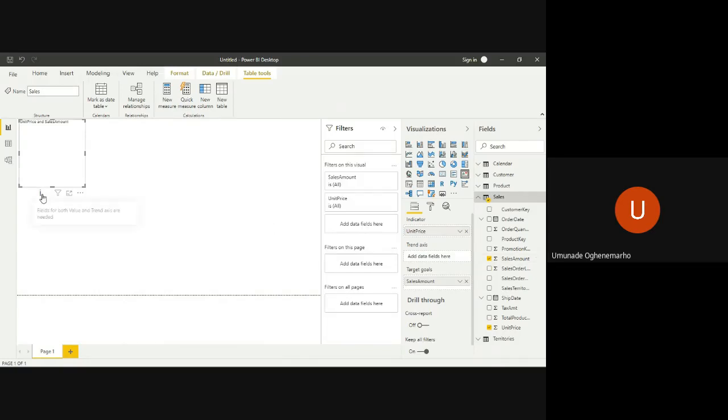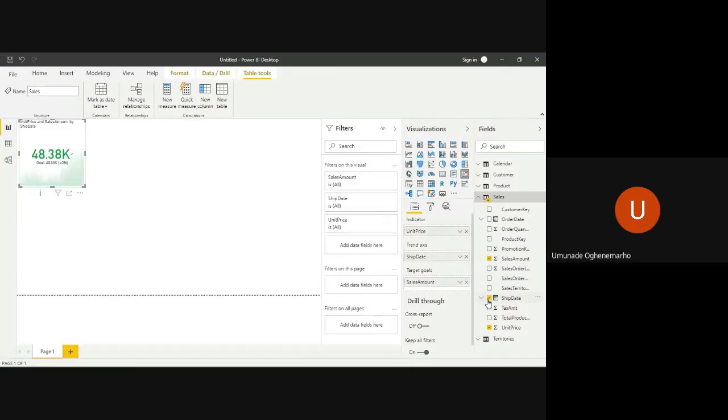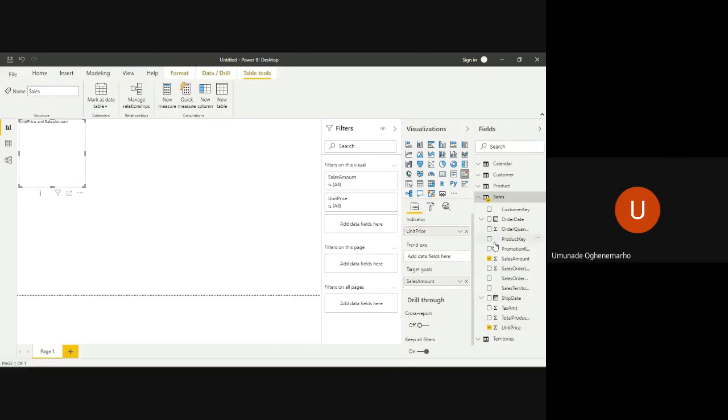So it's still missing a trend axis. Okay, let's use ship date. Oh, it's a little clustered because there are a lot of days in the ship date, but that might do justice for us.